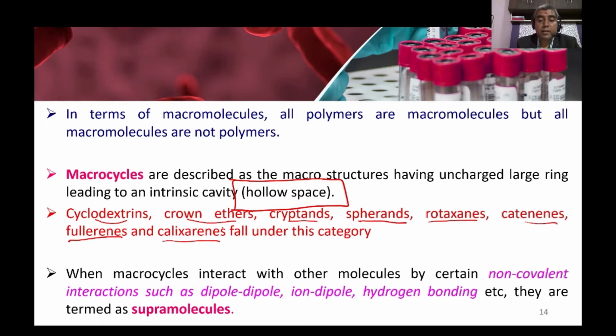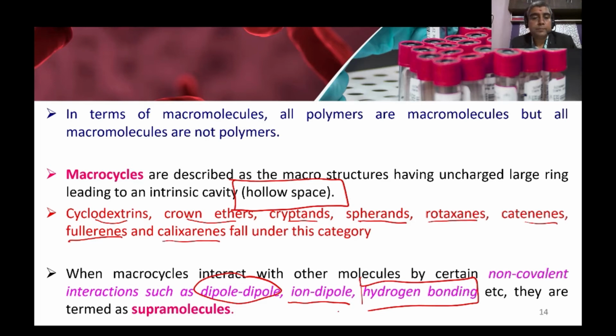When a macrocycle interacts with other molecules by certain non-covalent interactions, such as dipole-dipole, ion-dipole, hydrogen bonding, they are termed as supramolecules.